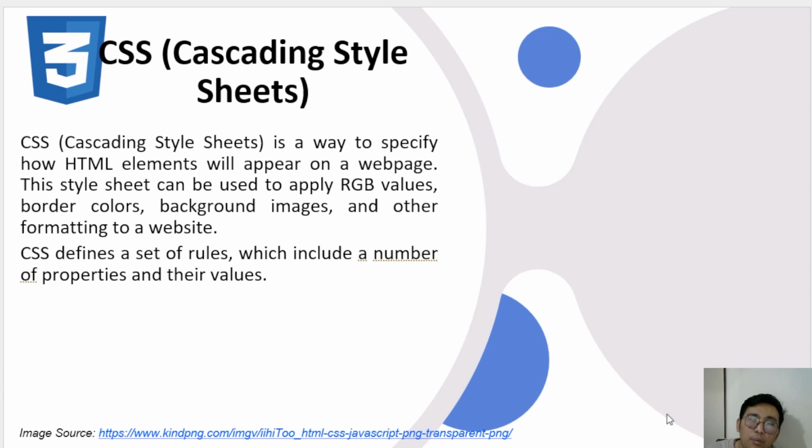It can also style border colors, background images, and other formatting on a website. In short, CSS defines a set of rules which include a number of properties and their values. It's important to make the website look good: the function comes from HTML, but in terms of design, CSS plays the role.